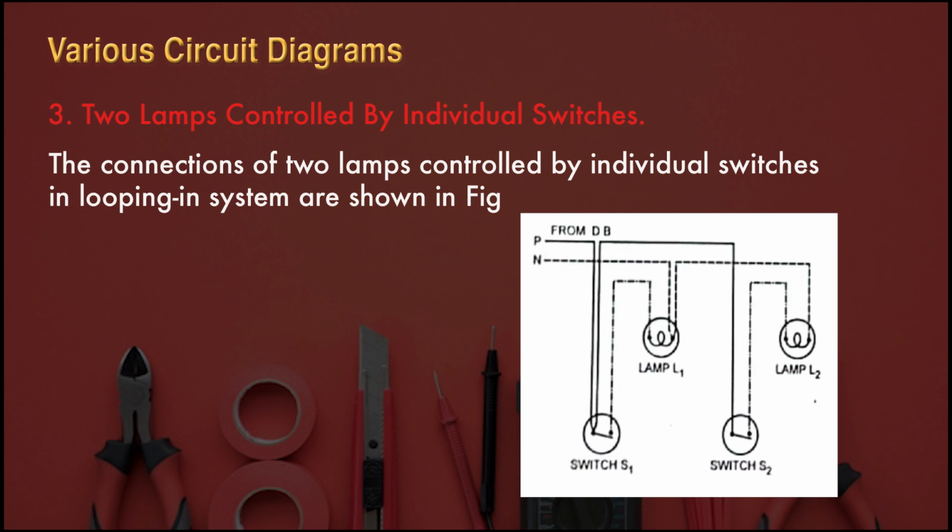So by controlling switches S1 and S2 you can complete the circuit. As the circuit completes through the switch, connecting phase and neutral through the lamp, current will start to flow, that means the lamp will switch on. Similarly, both lamps can be controlled by individual switches S1 and S2. So this is how you can design 2 lamps controlled by individual switches.